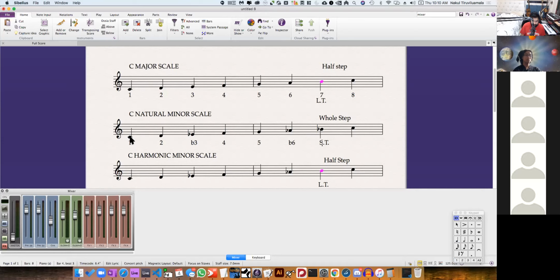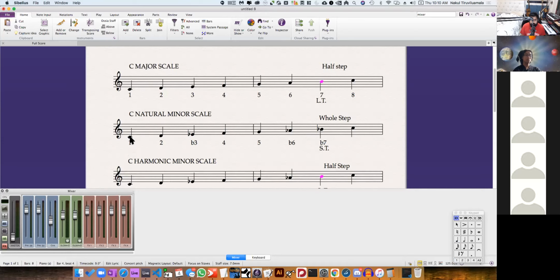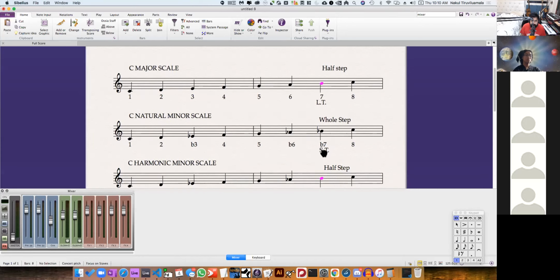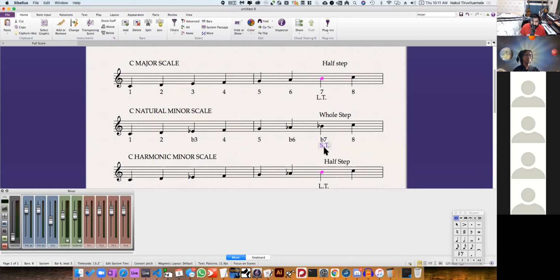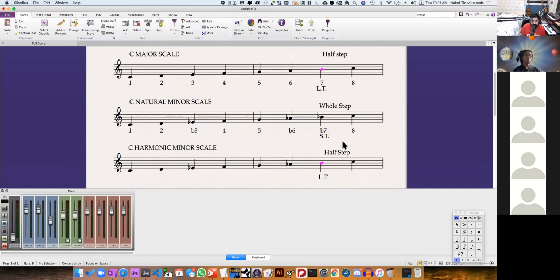This is what a jazz person would call it, flat 7. I'll call it 8, which is the same thing as 1. When you have the flat 7 scale degree compared to a major scale, that's called a subtonic. When you have a normal 7 scale degree when compared to major, that's called the leading tone.